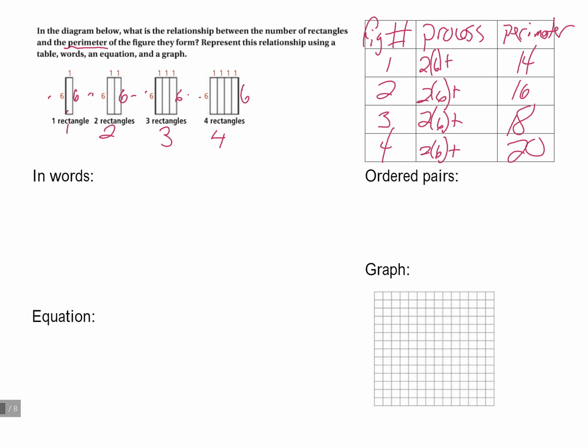Well, it was the number of ones that we had across the top and down on the bottom, right? So how many ones do I have in the first figure? I have one on top and one on the bottom. There's two. How many ones do I have in the second figure? Well, one on the top and one on the bottom for the first rectangle, but then there's two rectangles. How many ones do I have on the top and the bottom for the third figure?